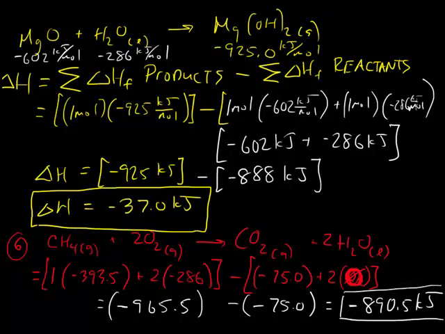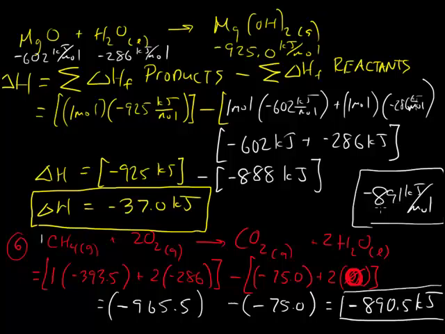You have 1 mole here, so its value is negative 891 kilojoules per mole, and this is approximately what we have been working with for our delta H for the combustion of methane.